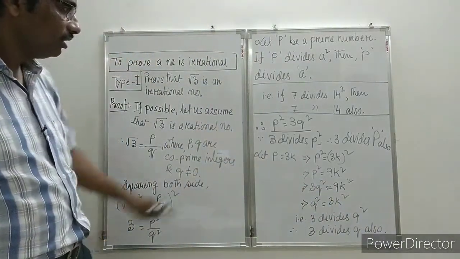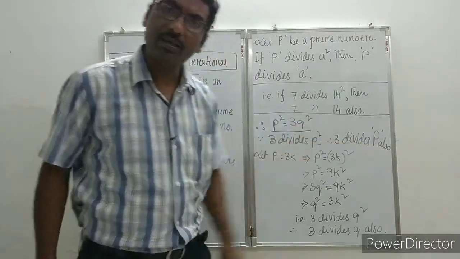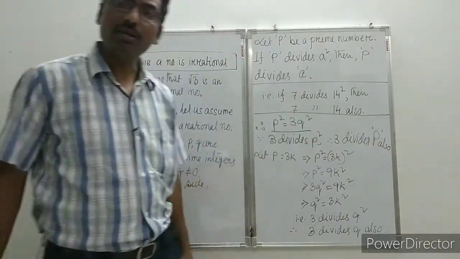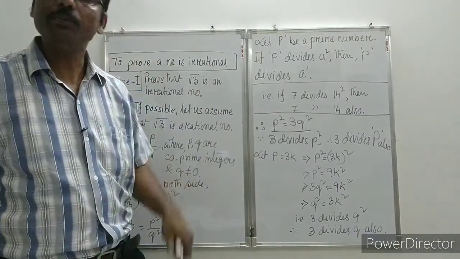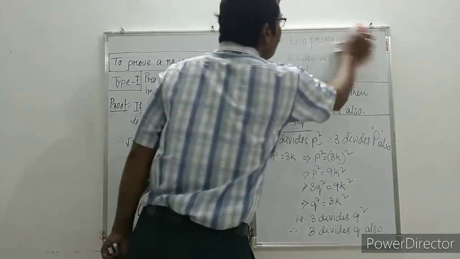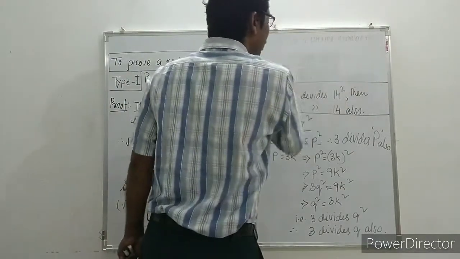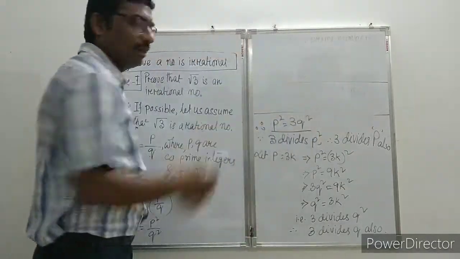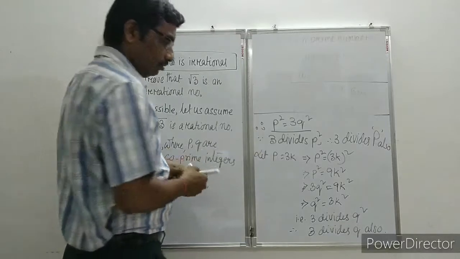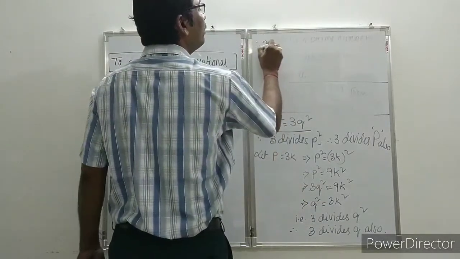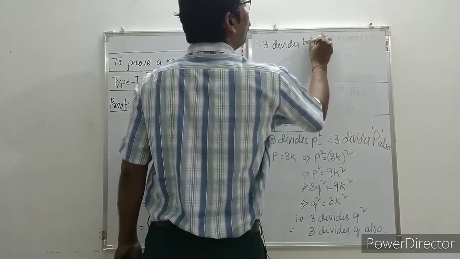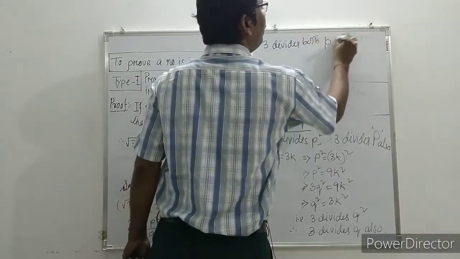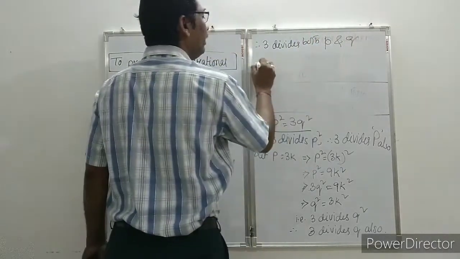Now you see one thing. Earlier what did we get? 3 divides p. And now we got 3 divides q. What does it mean? It means 3 divides both p and q. Therefore, 3 divides both p and q.